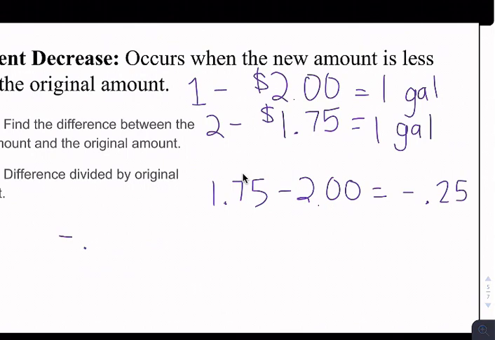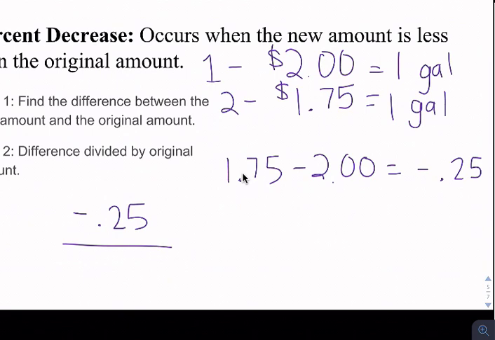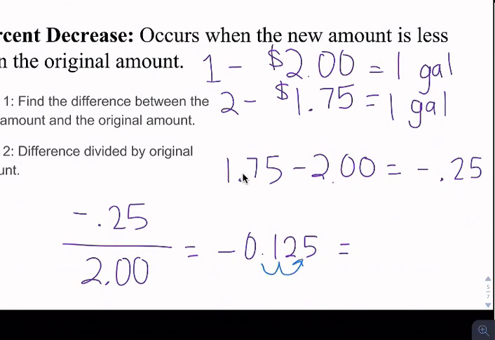So now we take our difference and divide it by the original. So negative 25 hundredths divided by $2 is negative 125 thousandths, which is really, thinking about how we move the decimal to find our percents, we move it twice, multiply by 100 because percents are out of 100, and we get a decrease of 12.5%.